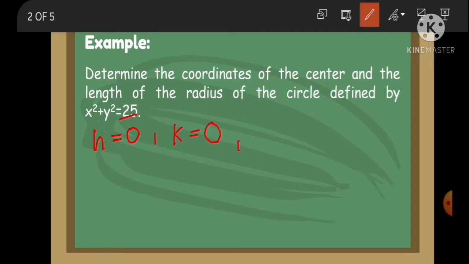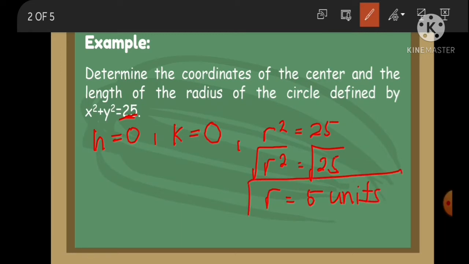Now, 25 here is r squared. So, in order to get the length of the radius, we are going to take the square root of 25. The square root of 25 is 5 units. Now, this is the length of the radius.